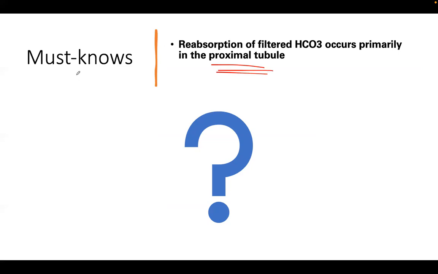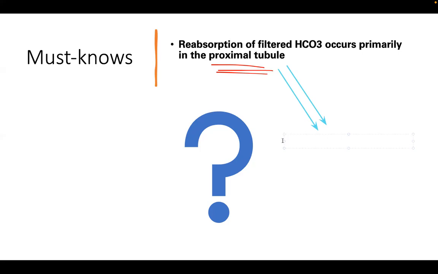Now, this is the expected question. What diuretic acts on the proximal tubule? We have a handful of diuretics.